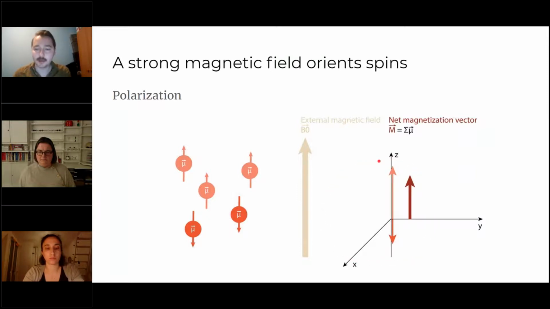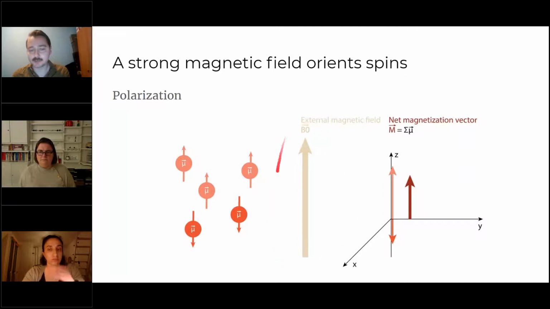If we represent the net magnetization, so the direction and the strength of this magnetic field, as a vector in this three-dimensional Cartesian space, then this means that we'll have a measurable magnetic component that is parallel to this external magnetic field and points towards it.